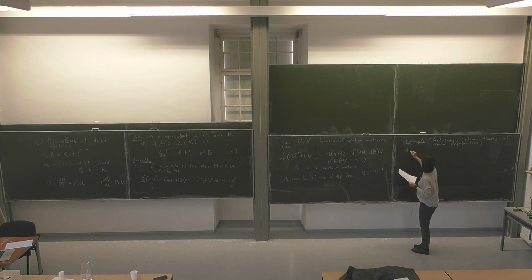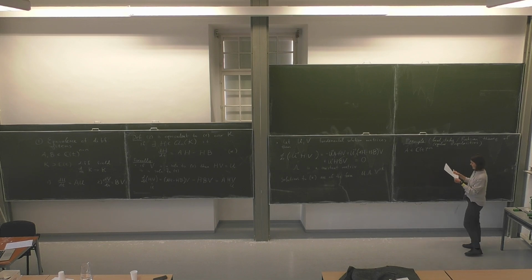So we take a matrix of size n with rational entries, which is analytic at t equals 0.